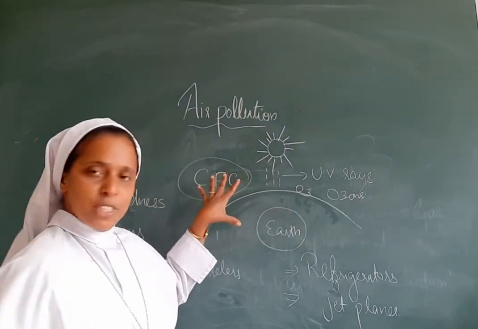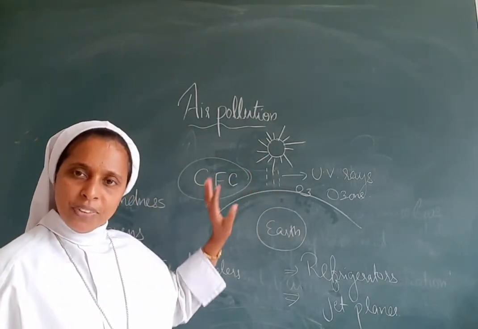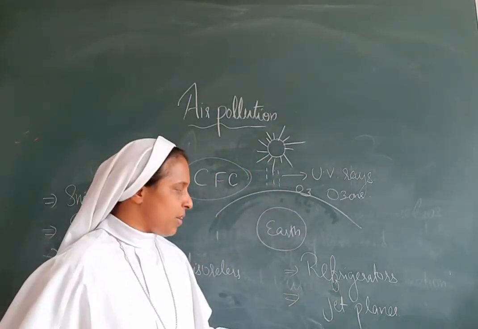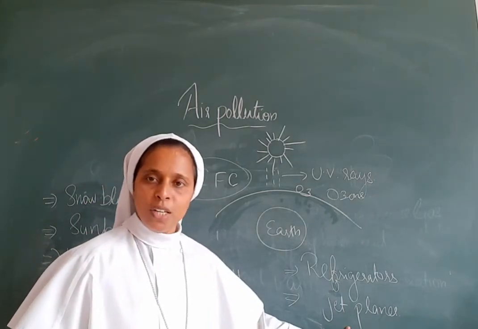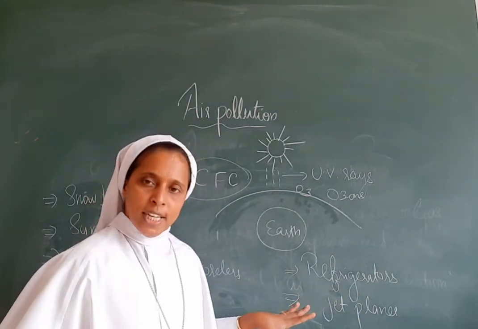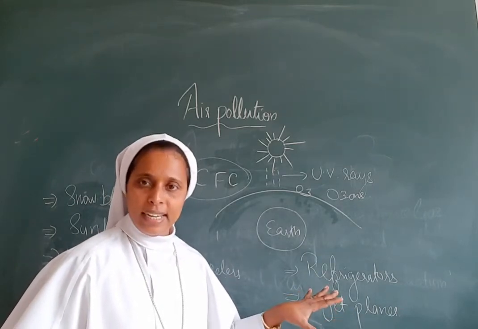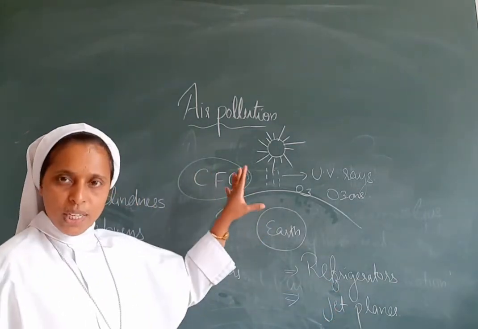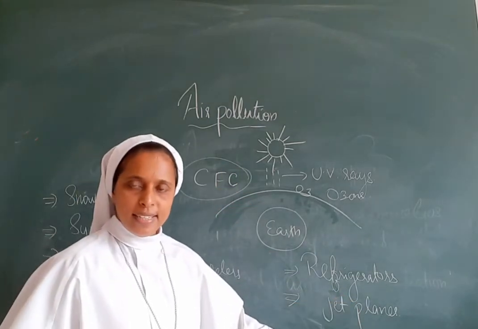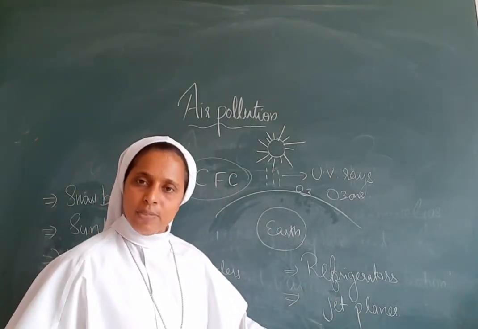Where is this CFC being used? We are using it in refrigerators and in jet planes, as a coolant agent. Chlorofluorocarbon is used as the coolant agent in refrigerators as well as jet planes.